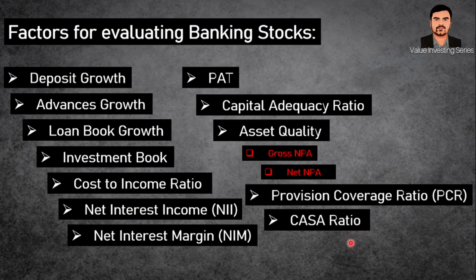Every bank will try to keep a high CASA ratio, but for that, the bank has to have a good reputation, so that depositors will trust the bank and put their money into it. You can see that new banks like IDFC First were earlier struggling to get a higher CASA ratio, and they were giving out a higher interest rate for the savings account so that they get customers.